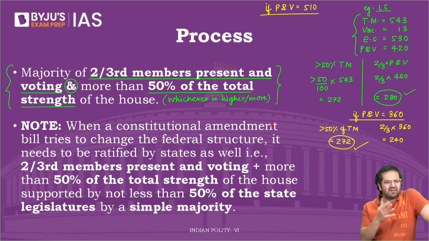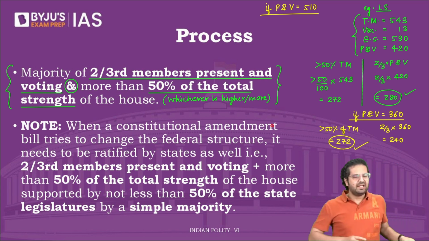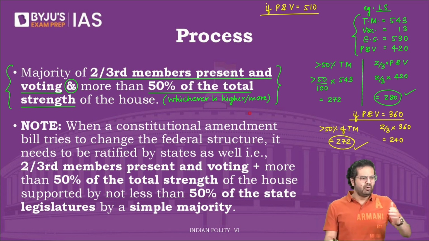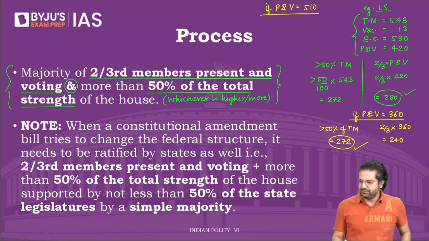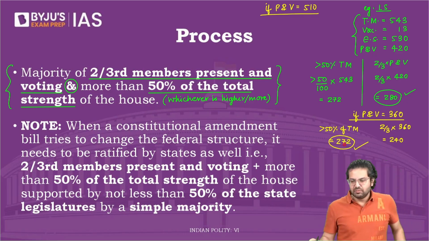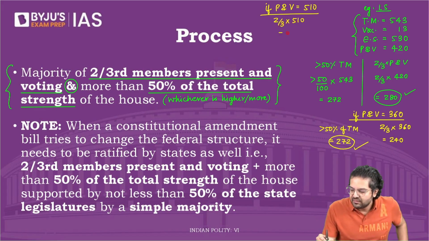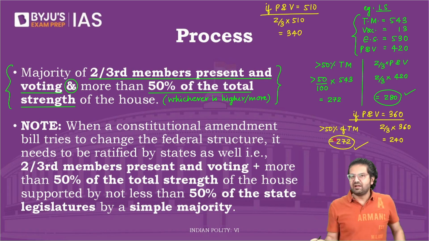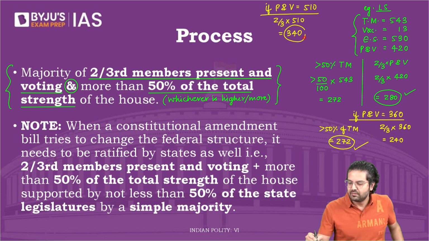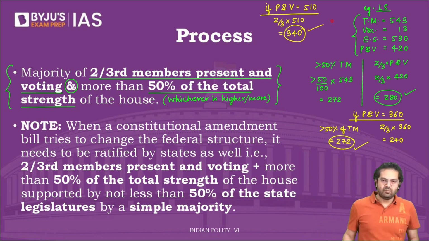Some people are still making the same mistake. They again have no understanding of this statement, but most of you are correct. Absolutely correct. Great. This number is fixed, 272. What is 2 by 3 of 510? 340. 340 or 272, which is higher number? This number. These many people are required.